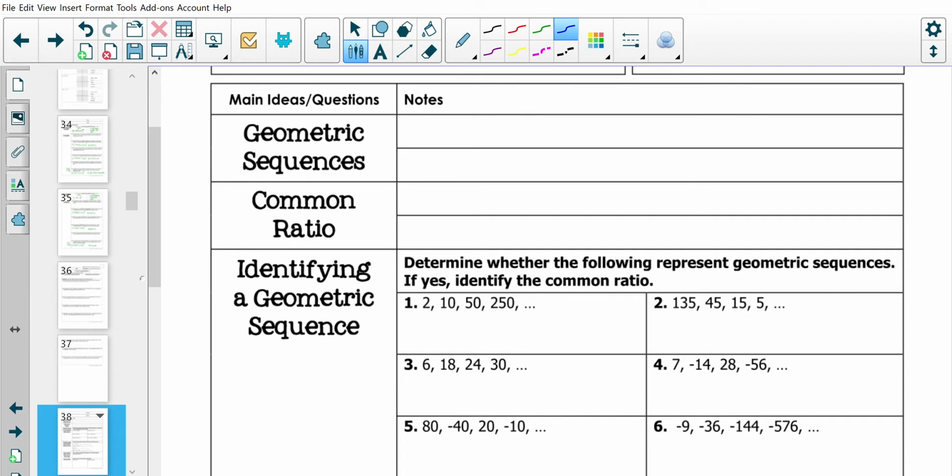Okay, so a geometric sequence is a sequence of numbers in which the ratio remains constant.